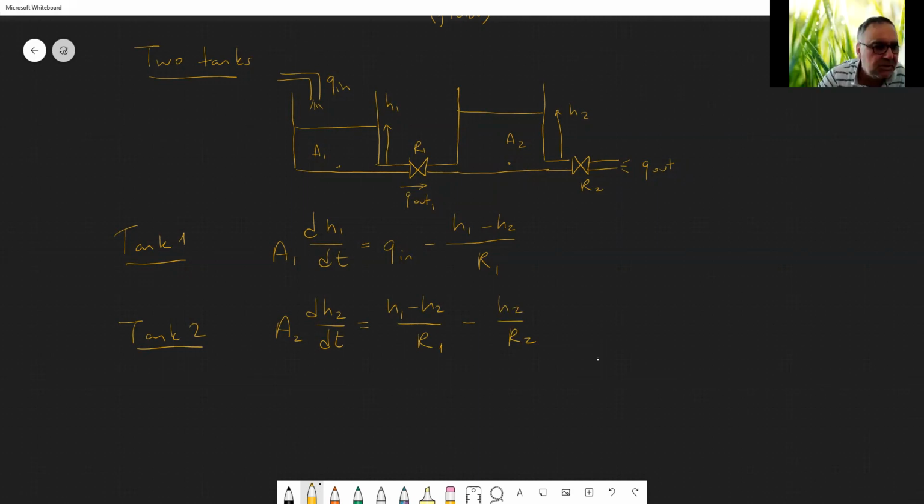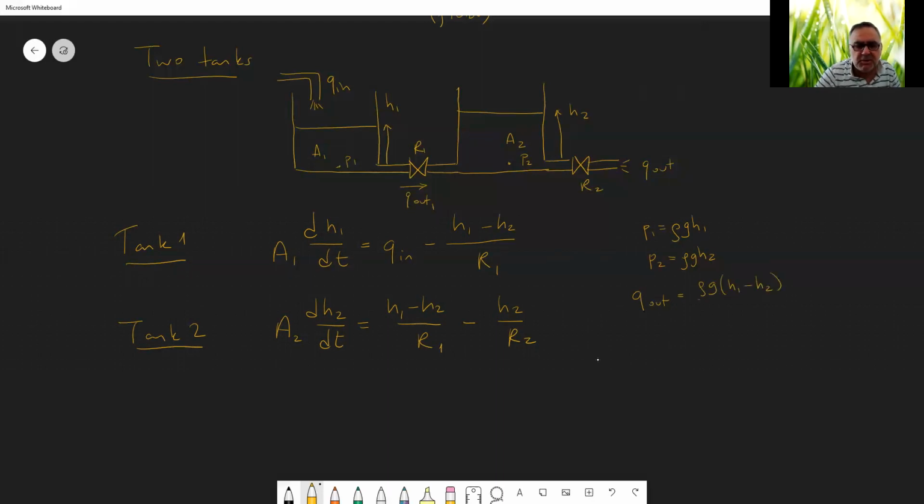Okay. You see, let's say that there is pressure P1 here, there is pressure P2 there, okay? What is P1 equal to? Rho G H1, right? What is P2 equal to? It is rho G H2. So the Q out should be equal to rho G times H1 minus H2.